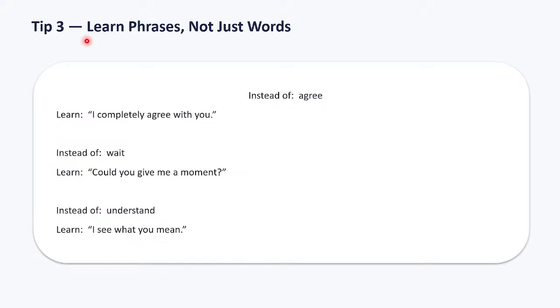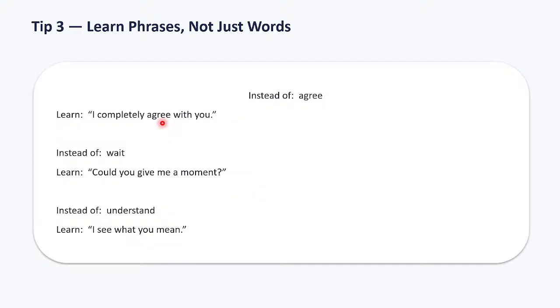Tip 3, learn phrases, not just words. Learn the complete phrase. Simple phrases are available in English, not just a single word. Instead of agree, learn I completely agree with you, correct? You are not going to use the single words agree and disagree, but you can use I completely agree with you, I don't agree with you.